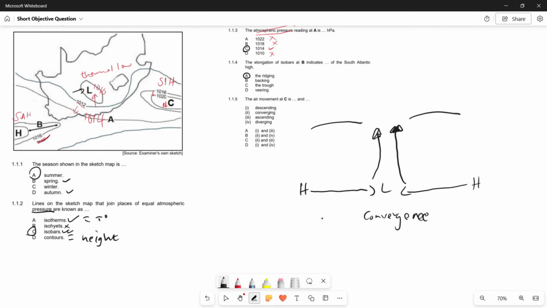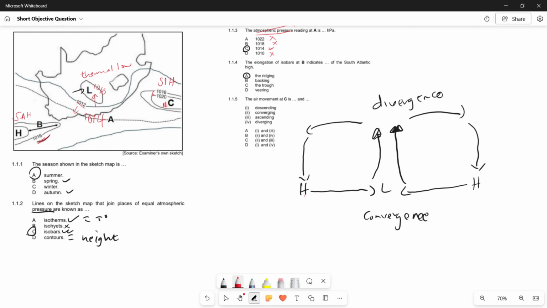This is divergence. And when it diverges, it sinks down again since it's now heavy. It subsides or sinks. So this diagram might look familiar from grade 11. What I'm basically trying to show you is that air in a high pressure is sinking or descending, and in a low pressure, it's ascending or rising.